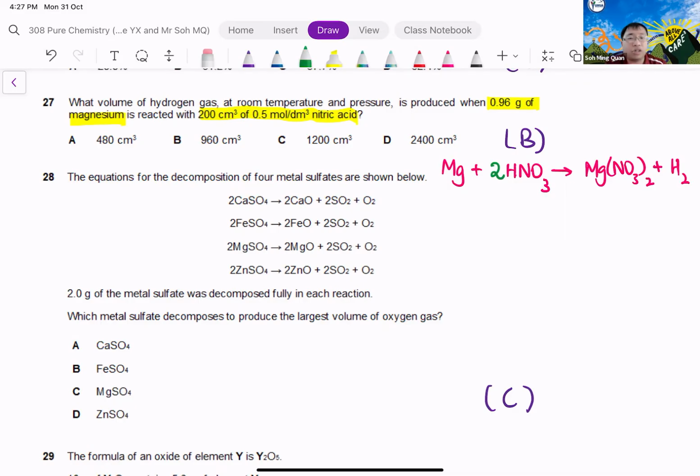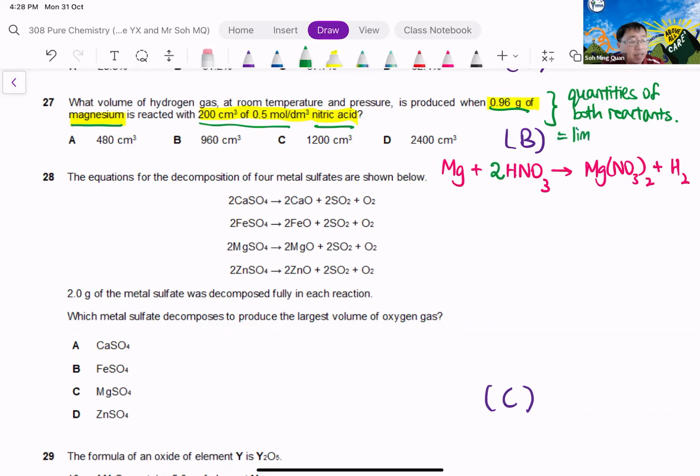Then you look at the question. I've given you number for magnesium, numbers for nitric acid. Meaning, I have given you quantities of both reactants. Whenever the MCQ gives you quantities of the 2 reactants, reactants means starting materials, right?